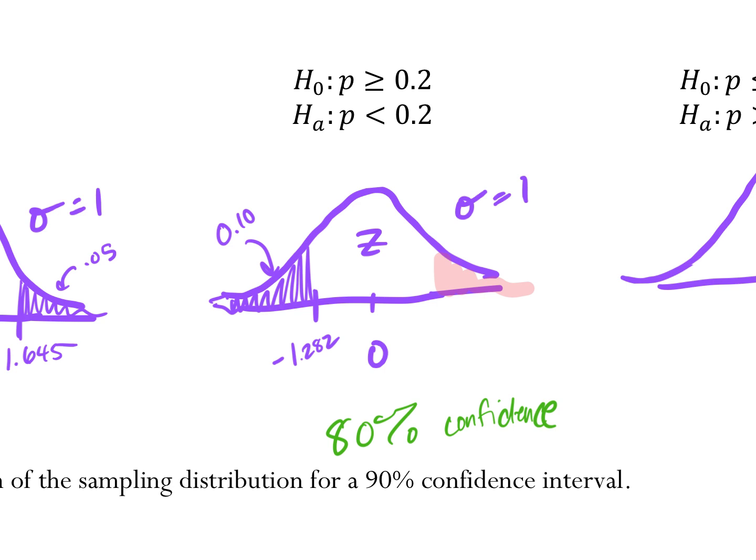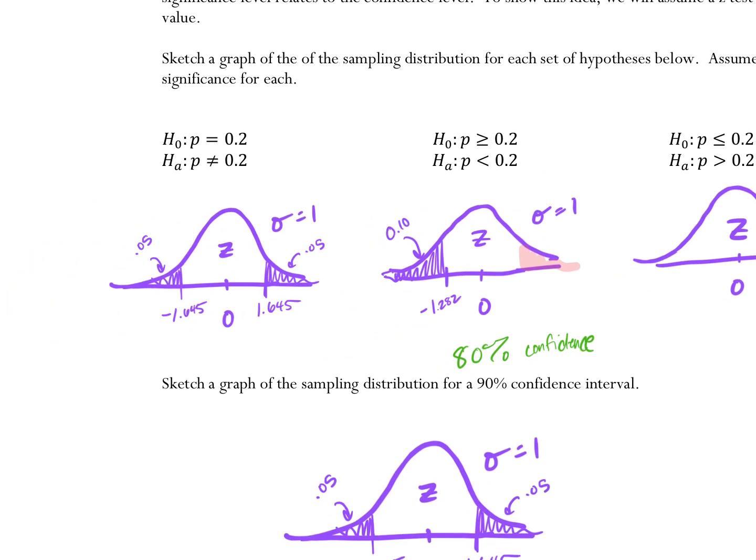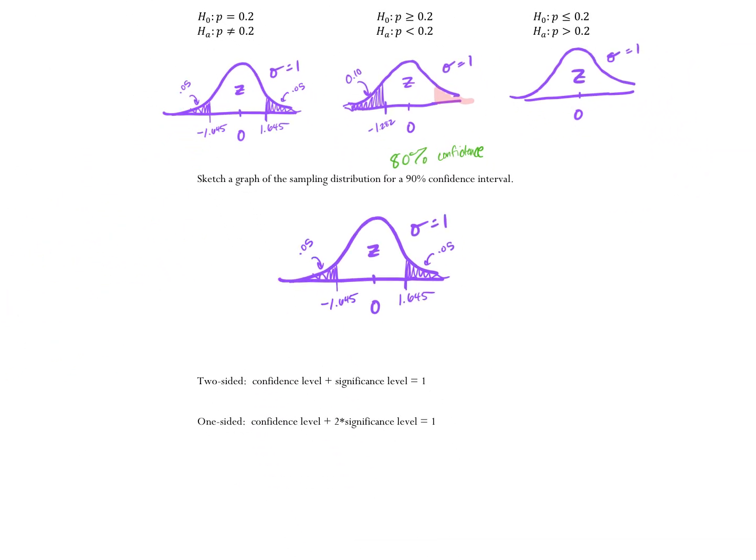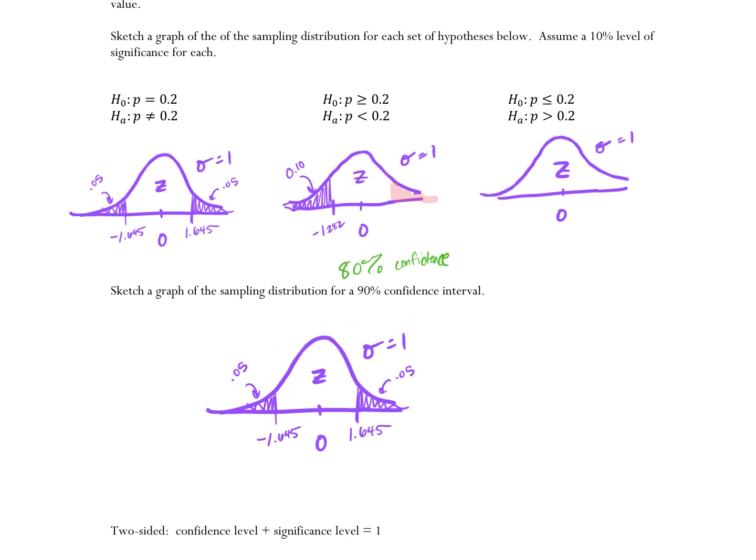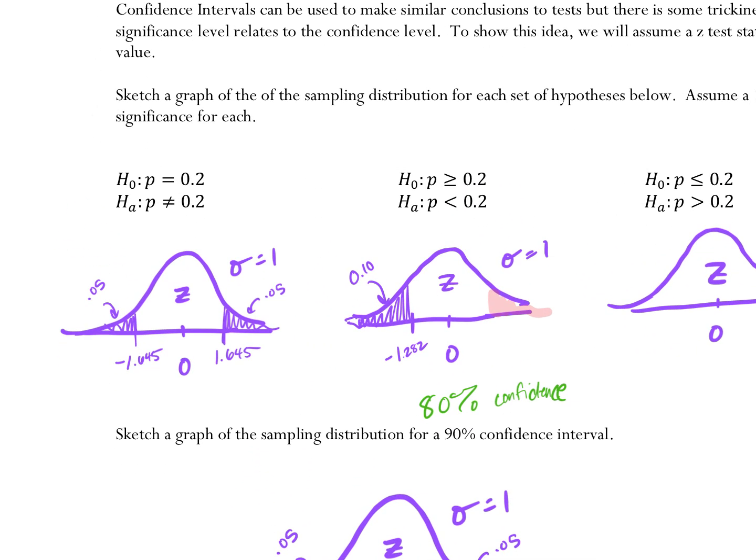Okay, and so confidence intervals can be used to make conclusions in the exact same way that tests can be used to make conclusions. So for example, if I do a confidence interval from my sample, let's say my confidence interval for this test was 0.19 to 0.32, something like that.